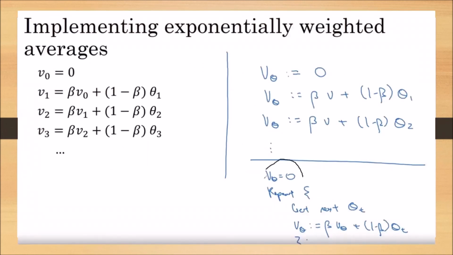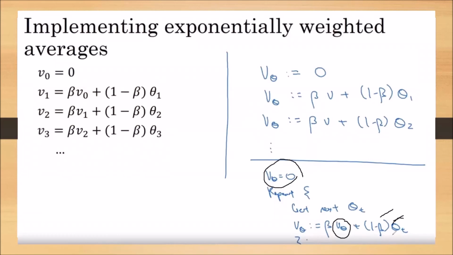In the first line, we initialize V theta, and in the loop, we write V theta equal to beta V theta plus 1 minus beta into theta t. Here, the previous moving average is updated for every iteration of the loop.